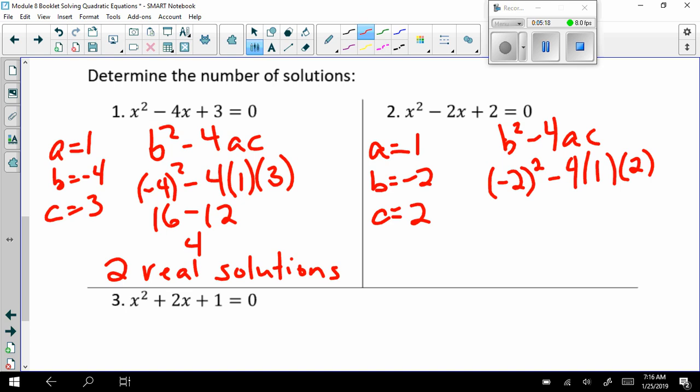And then I'm going to do my arithmetic. Negative 2 squared is a positive 4, minus 4 times 1 times 2, which is 8, which gives negative 4. So because it is negative, I get no real solution.